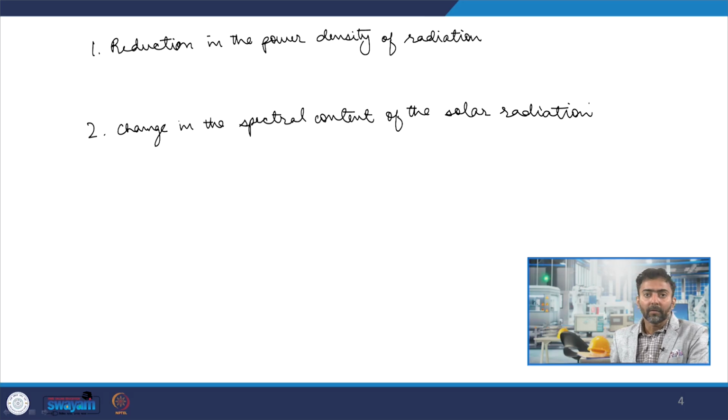Now the reduction in power density happens due to three effects. So there are three phenomena which come into play here.